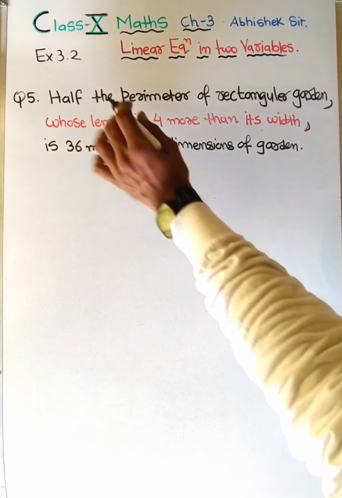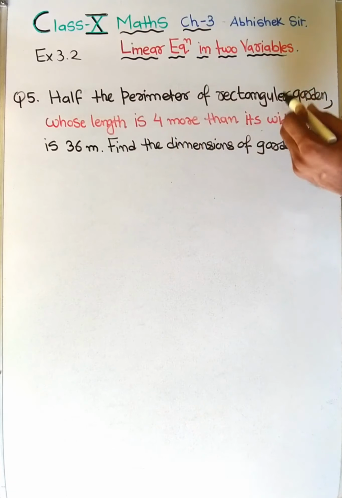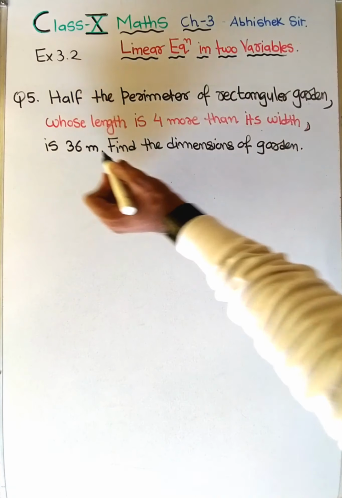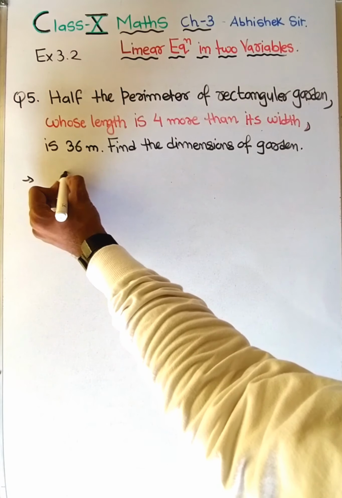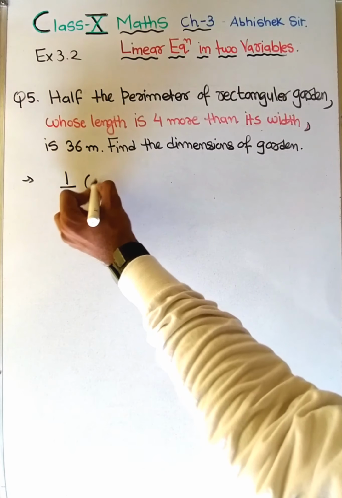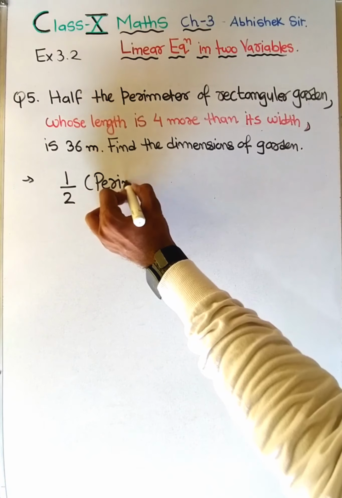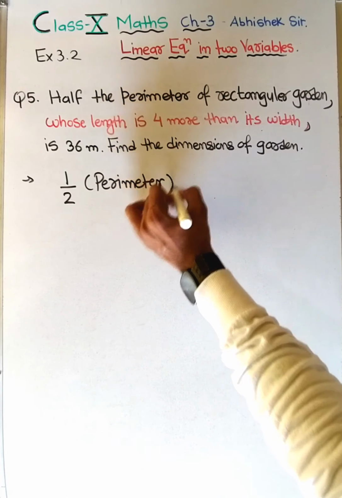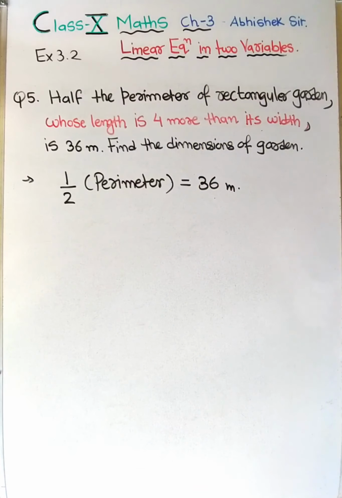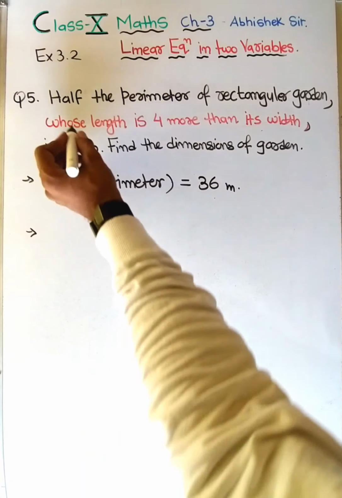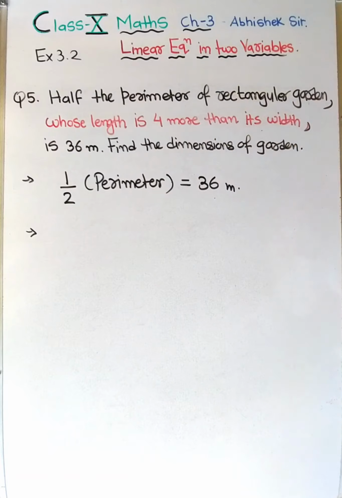The actual statement is half the perimeter of the rectangular garden is 36 meter. Clear? That means half of the perimeter of the rectangle is 36 meter. And in the extra statement they have given whose length is 4 more than its width.